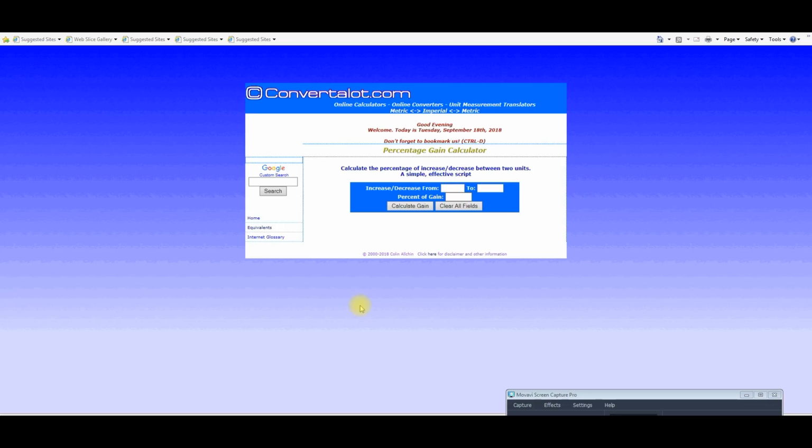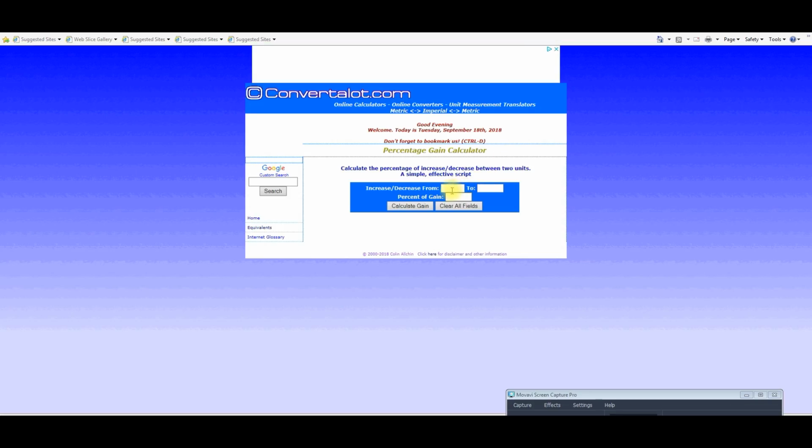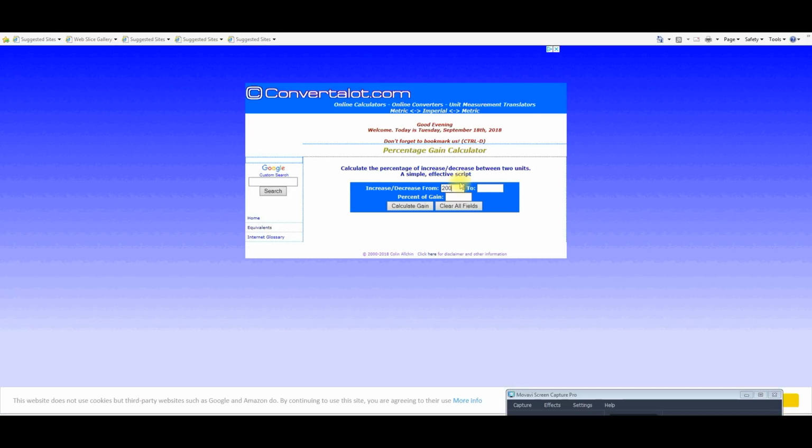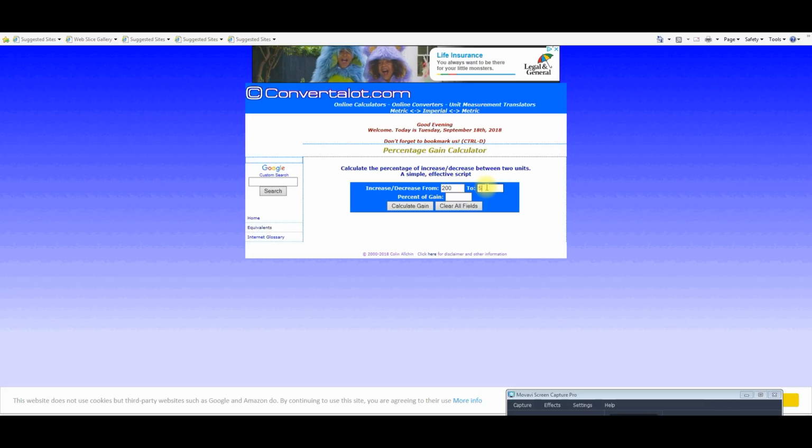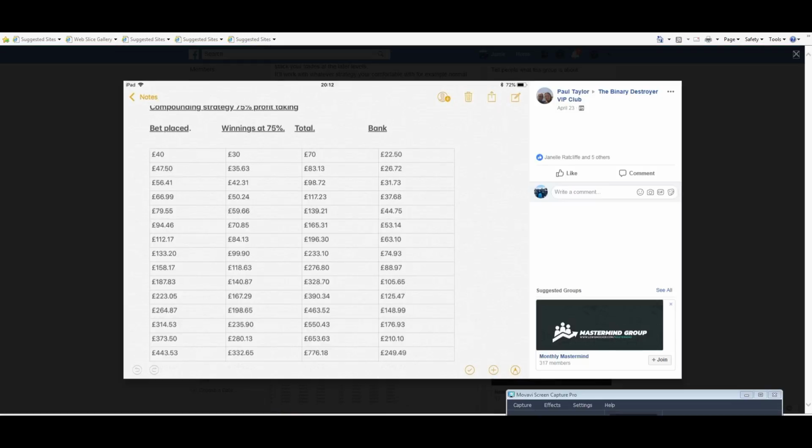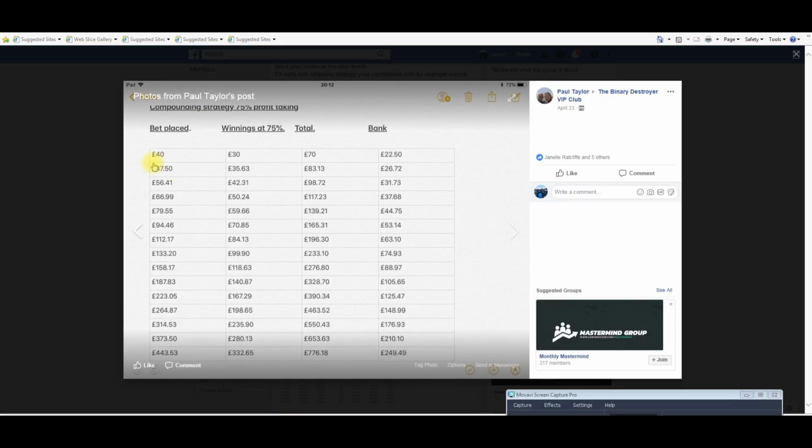Right, so let me just work this out, increase from £200 and we are now sitting at £52.50. It is a gain of, oh, I've done that wrong. It's £252.50. And we are now up 26% in 2 days. Again, this is low risk. I think tomorrow's trading session is going to be when I start doing this ballsy strategy.